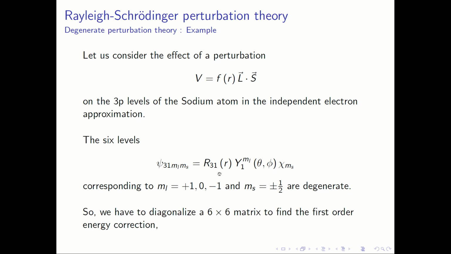So, these are 6 degenerate levels, and from the general theory of degenerate perturbation theory, we know that in order to find out the energy corrections to first order, we have to diagonalize a 6 by 6 matrix. And which 6 by 6 matrix is this?